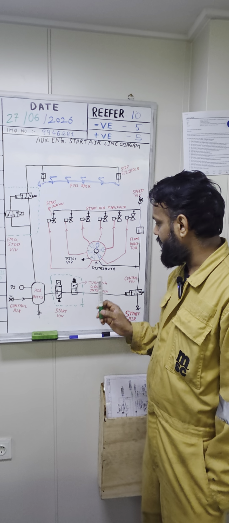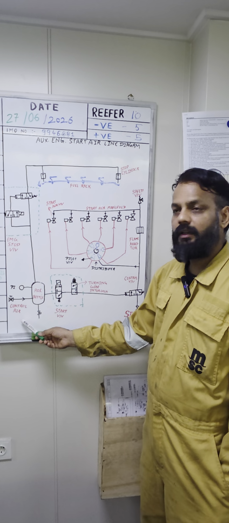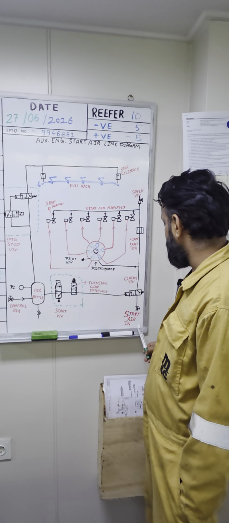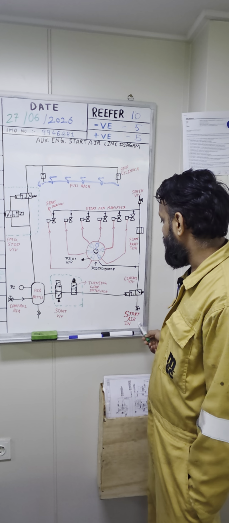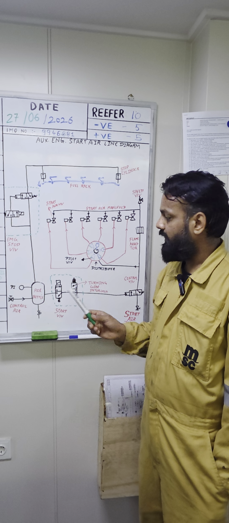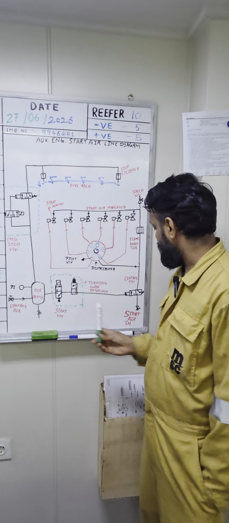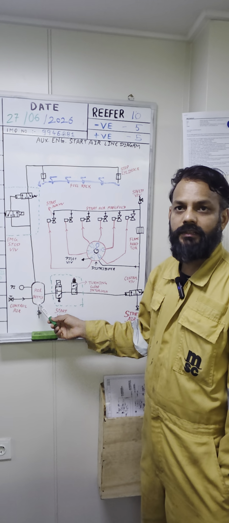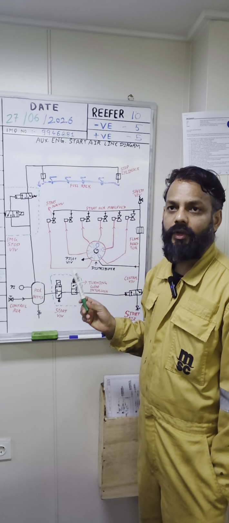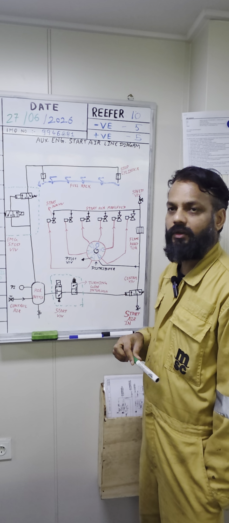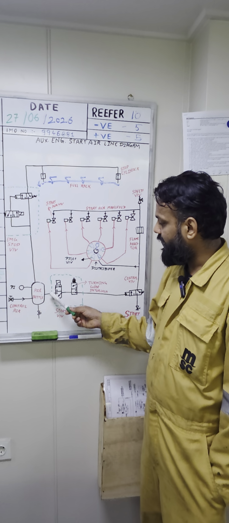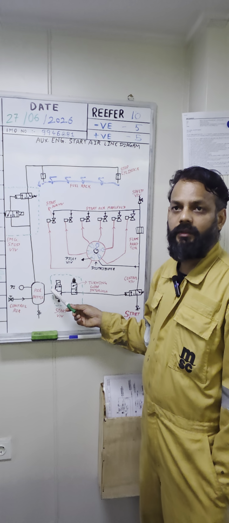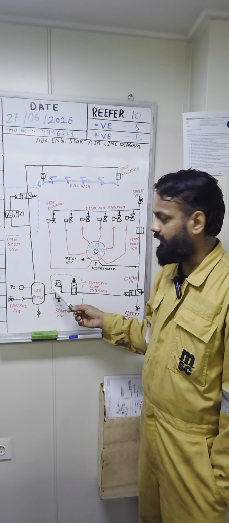Let's start. Here we have two airs. One is control air, another is start air. So as soon as the start air is already open and both the pressures are okay, and you give the signal for starting the auxiliary engine, what will happen? This is the pneumatic control valve, the solenoid control valve is there.